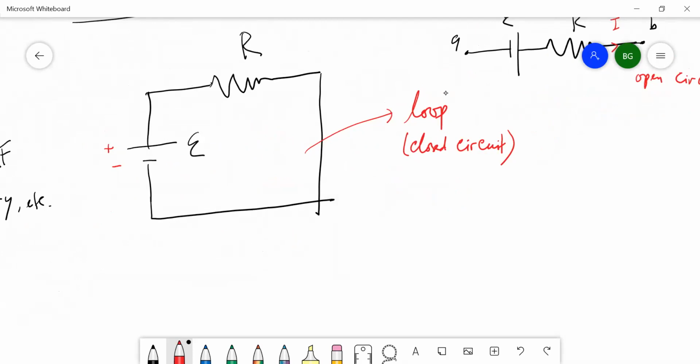So there will be a current here, for example, I. Okay. As you know, let's say this is A and B, VAB is equal to I times R, okay?